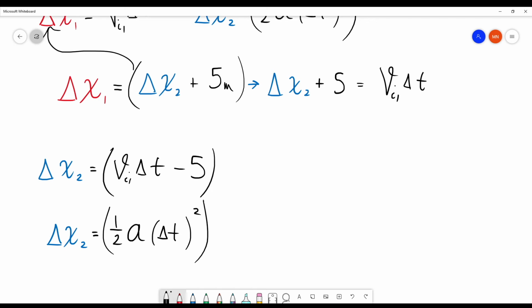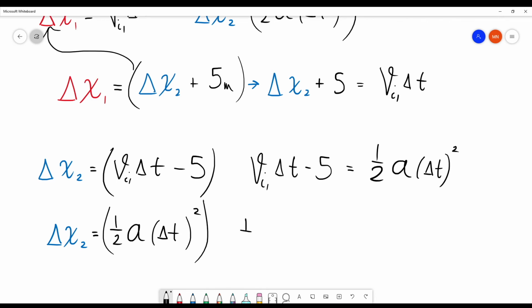So we have, let's start with velocity initial of cart 1 times delta t minus 5 is going to be equal to 1/2 a times delta t squared. Okay, I want to solve for t, so let's get everything on one side, and you might see a quadratic equation popping out soon. So let's move everything over here so I can get the delta t on one side.